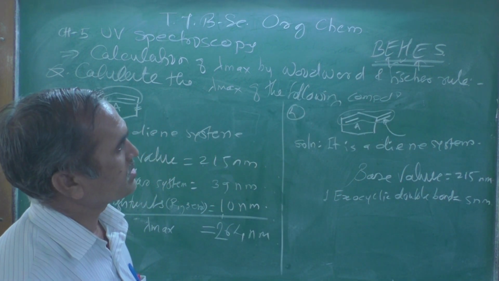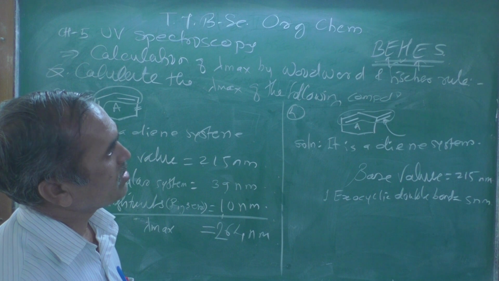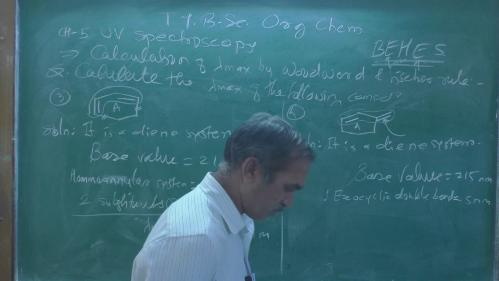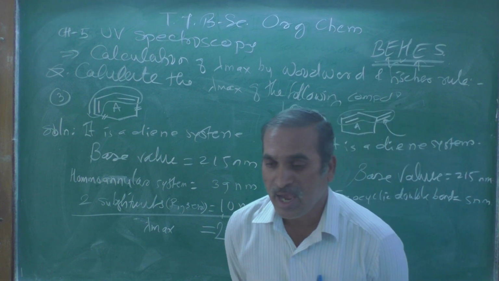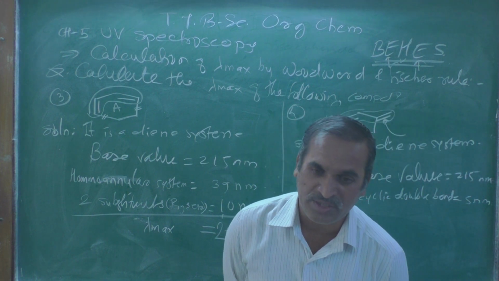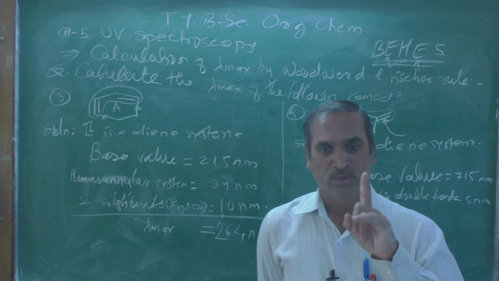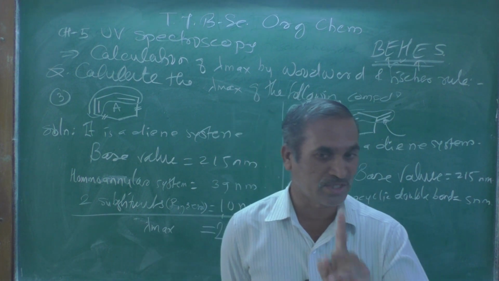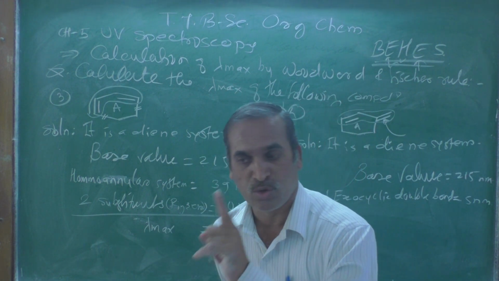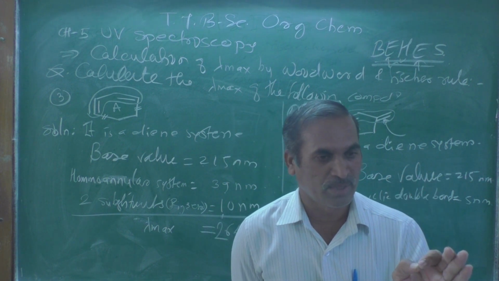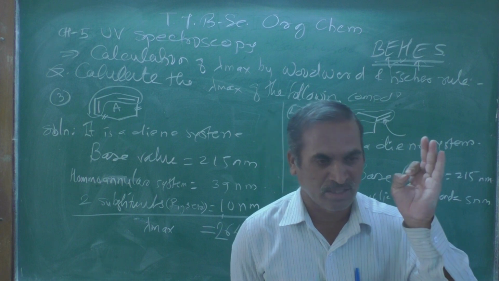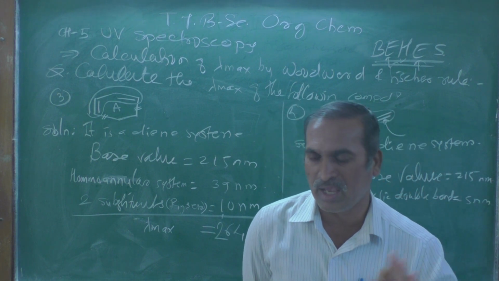So what is the next thing? H means homoannular. Does this compound have a homoannular system? No. We know that a homoannular system is one where both the double bonds, which are in conjugation, are present in the same ring.